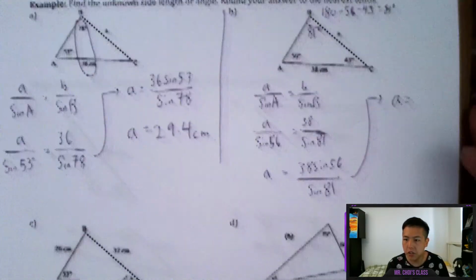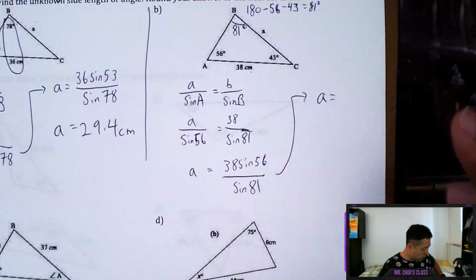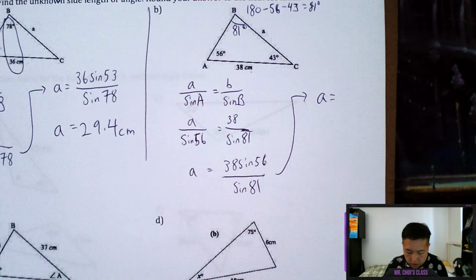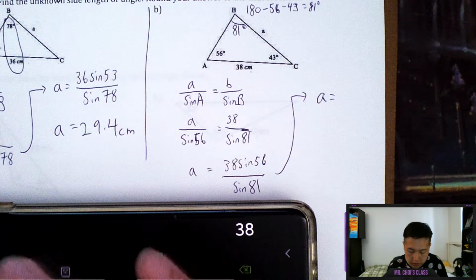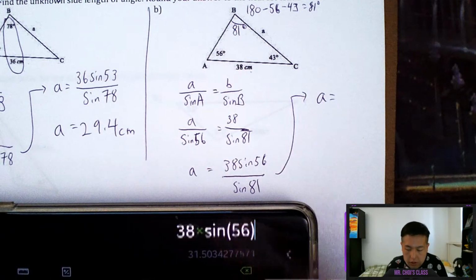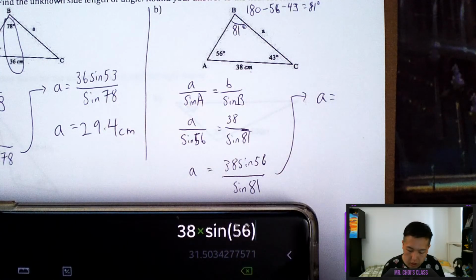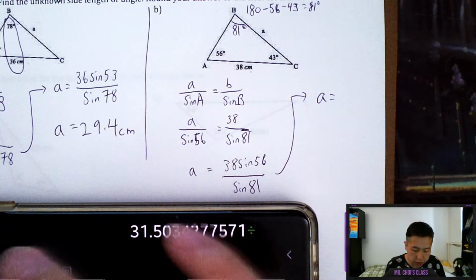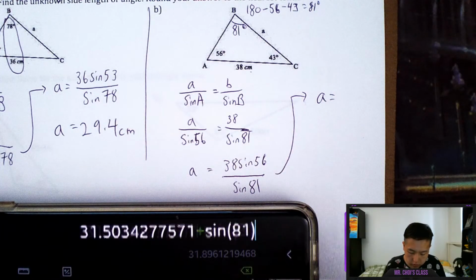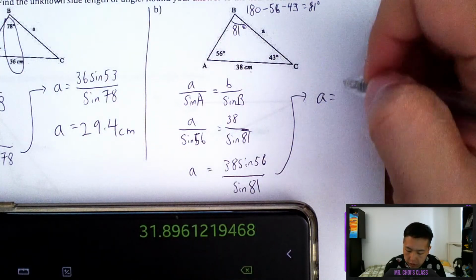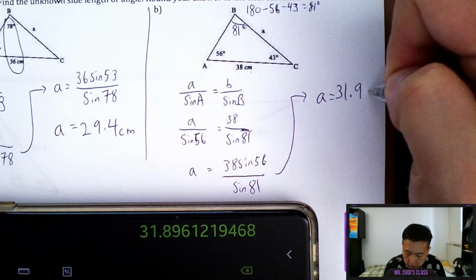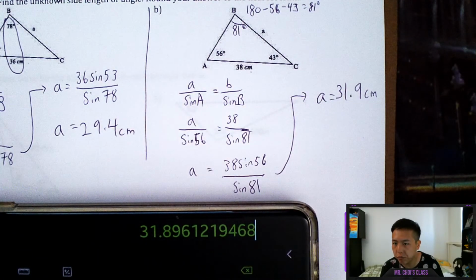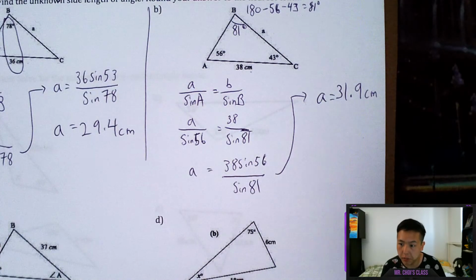And then that allows us to solve for our side. So to solve for our side, we do the math here. I'll just type it in here so you can see. So 38 sine of 56 we have there, and then I'm going to divide it by sine 81. That is going to give me, rounded to the tenth place, 31.9 centimeters, and there we have it. So that's what side A is going to be.